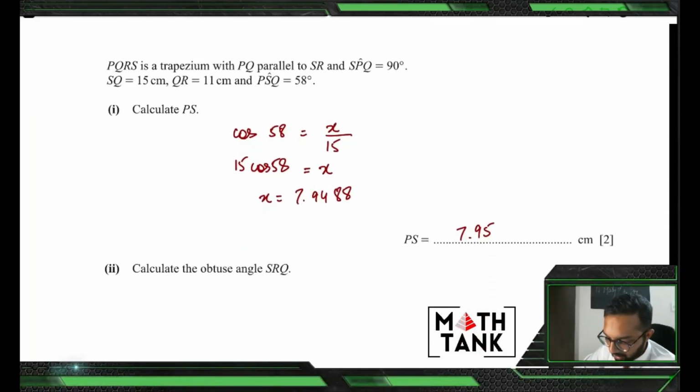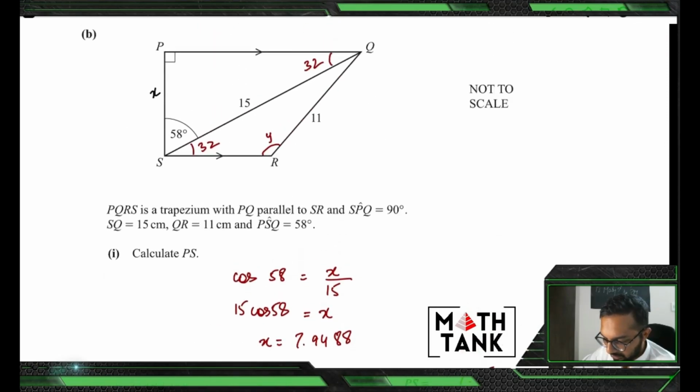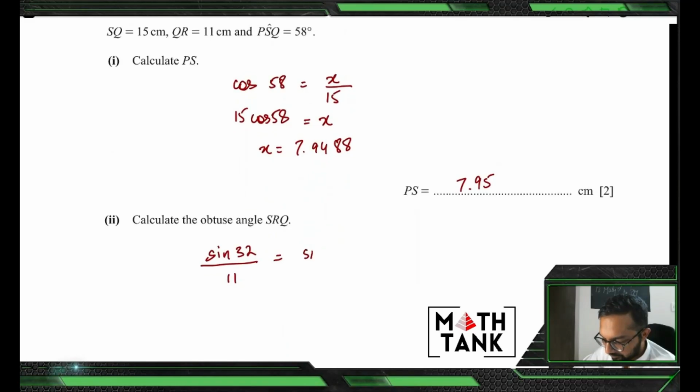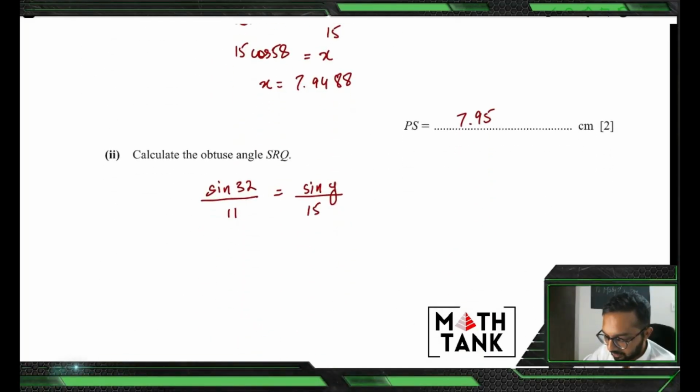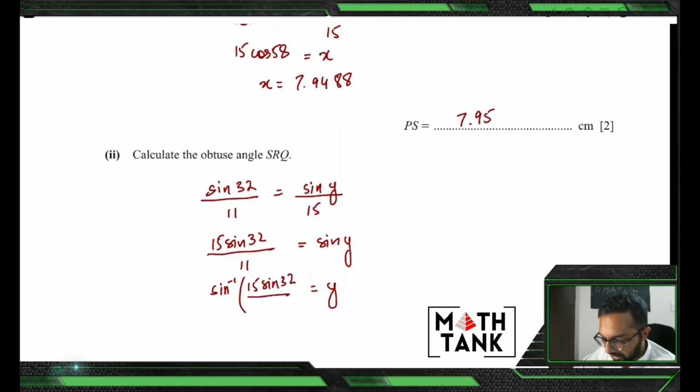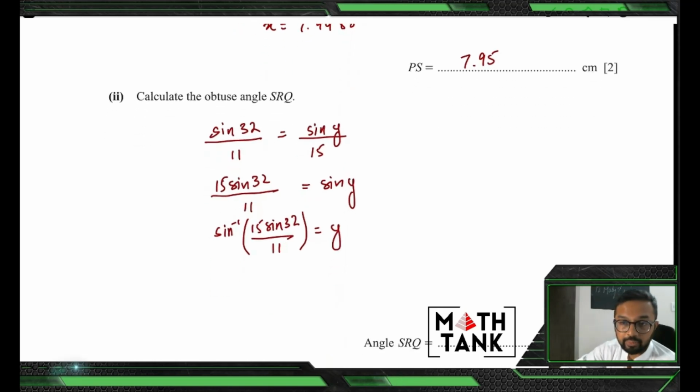So sine 32 over 11 equals sine y over 15, making sine y the subject. I just cross multiply. Then I have to take sine inverse of this. Now again, I'm getting you the best possible answer without any rounding off errors, which is why I'm doing it like that.